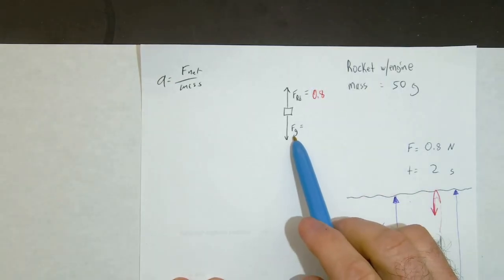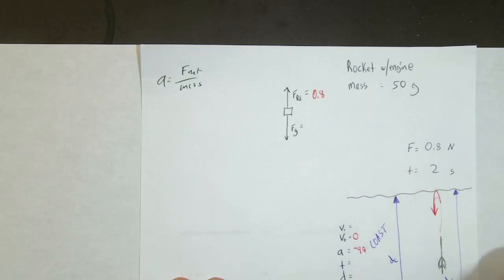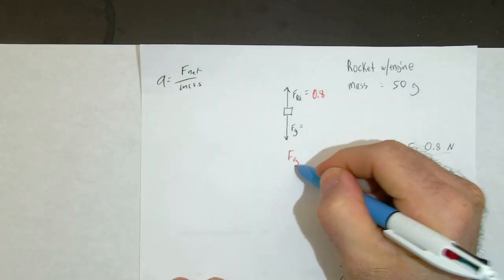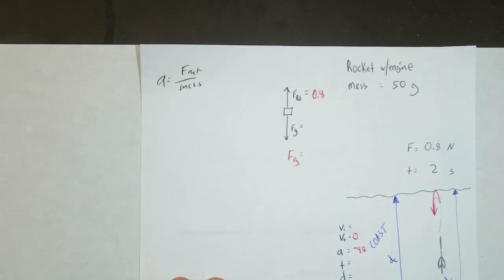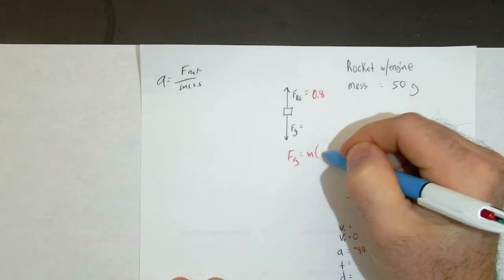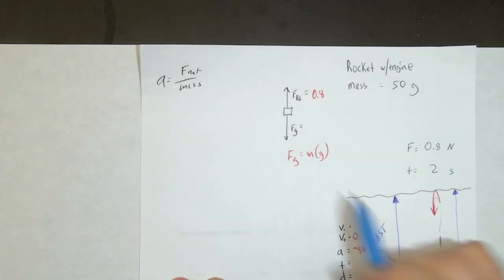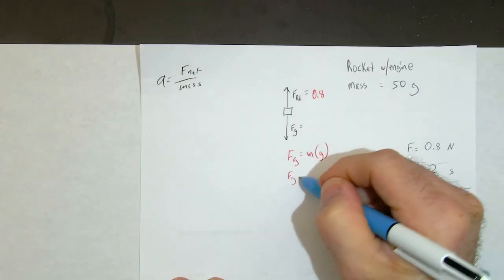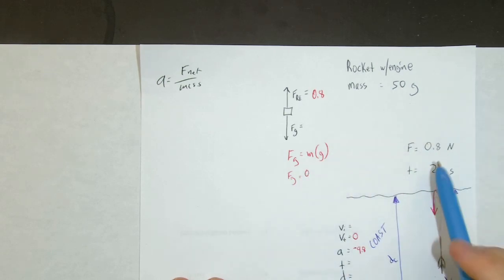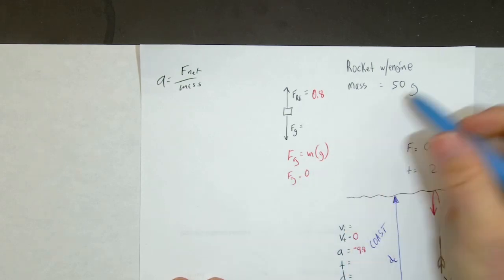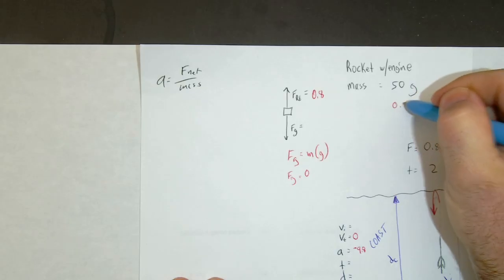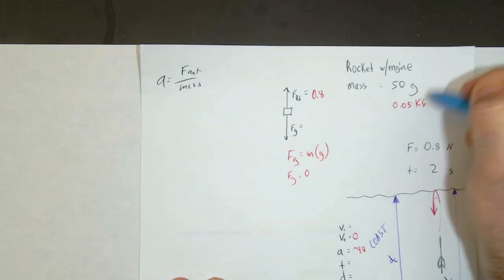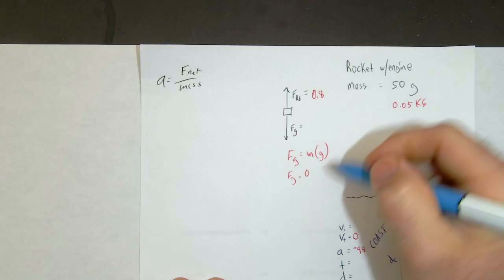And the force of gravity is something that we can calculate using our equation. Force of gravity equals mass times acceleration due to gravity. And so we're going to find the force of gravity is going to equal our mass of the rocket. Now we need to put this into kilograms. This is kind of a big deal. That needs to be converted into kilograms here.